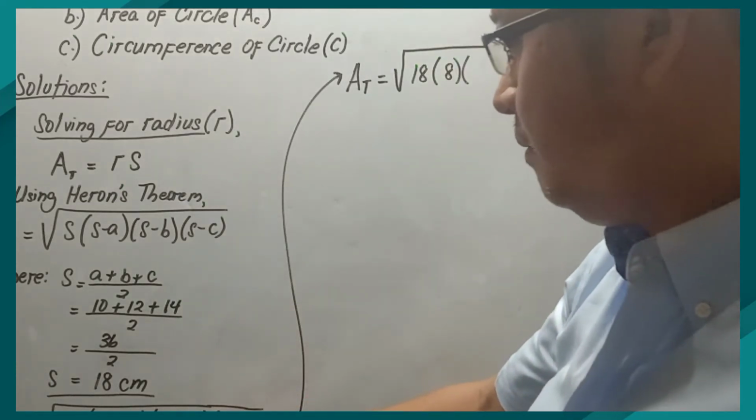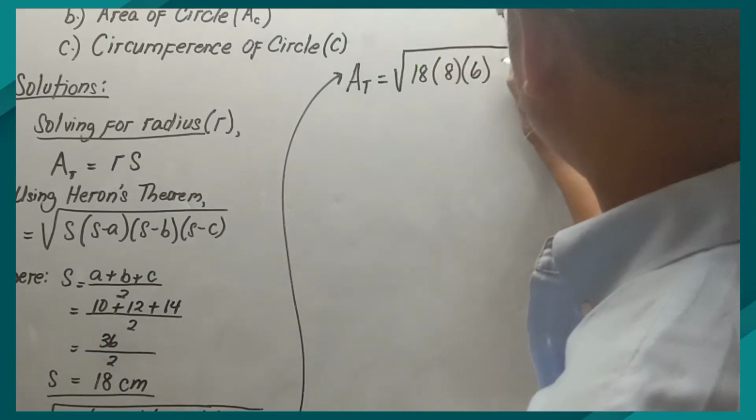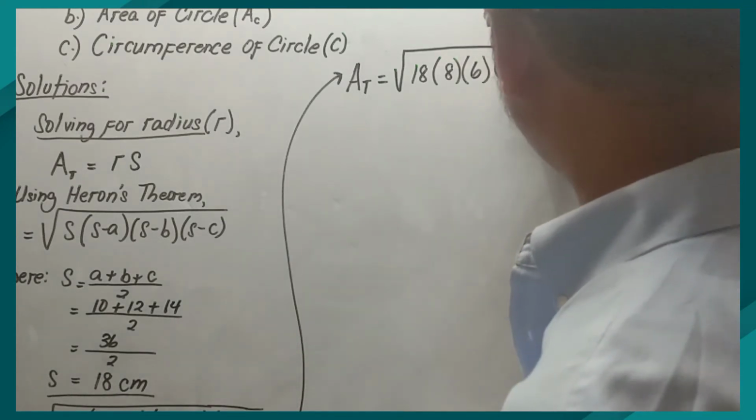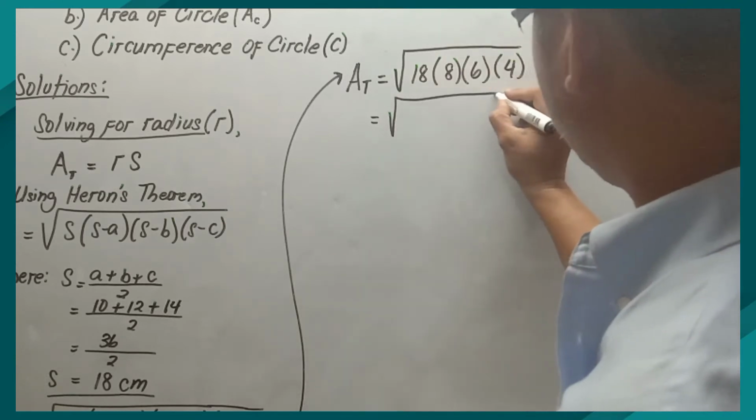And 18 minus 12 is equal to 6. Okay? And then 18 minus 14 is equal to 4. Okay? So, how much is 1?